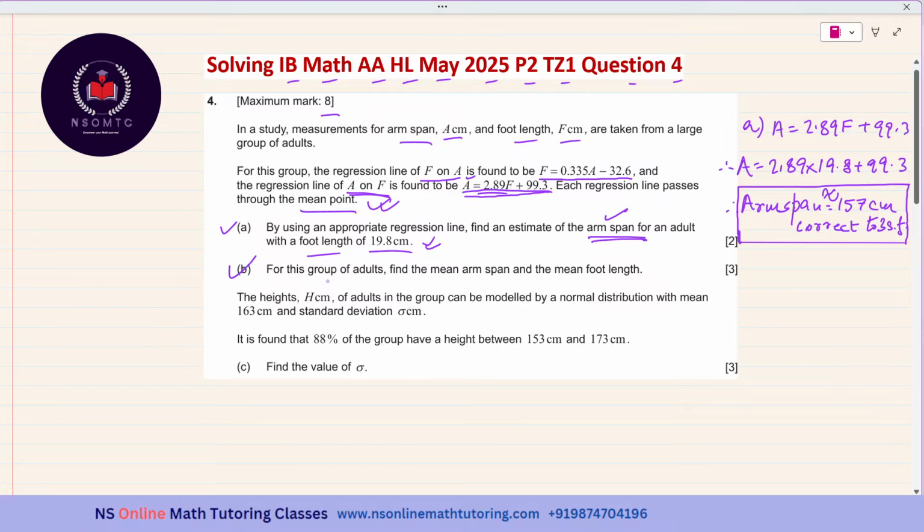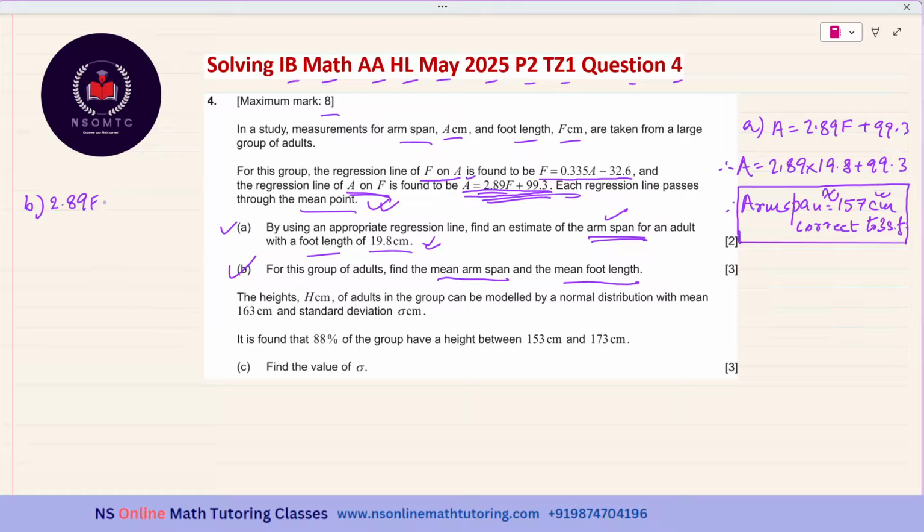So part B, for this group of adults, find the mean arm span and the mean foot length. Okay. So let us take this expression 2.89F plus 99.3. Do not take this 157 correct to 3 significant figures for any subsequent calculation. Never do that. Okay.